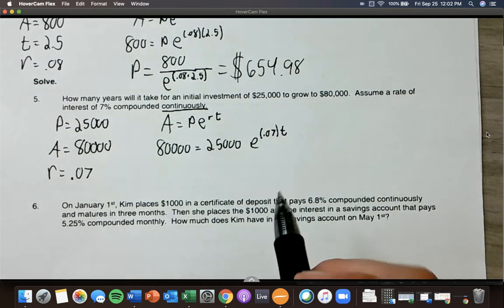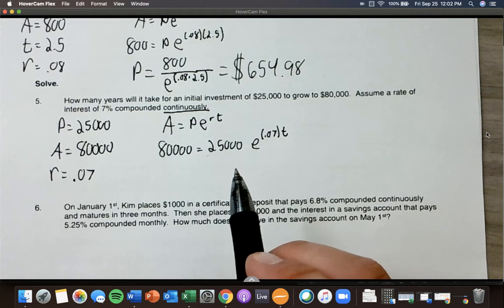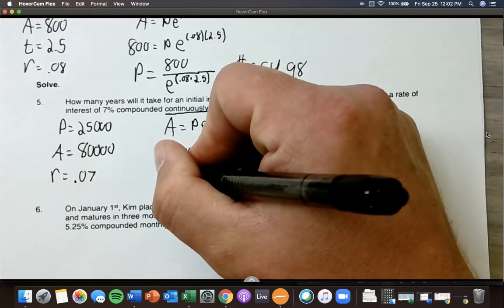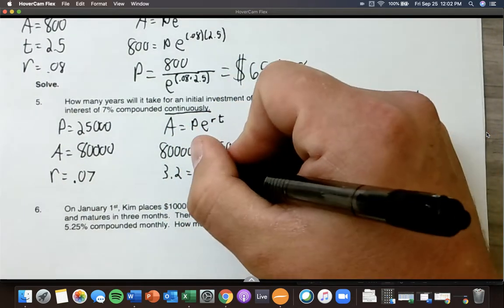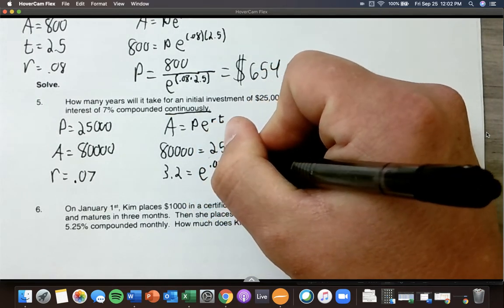But what we can do first is divide by 25,000. So we do 80,000 divided by 25,000, and we actually end up getting 3.2. And that's going to be equal to e to the 0.07 times t.